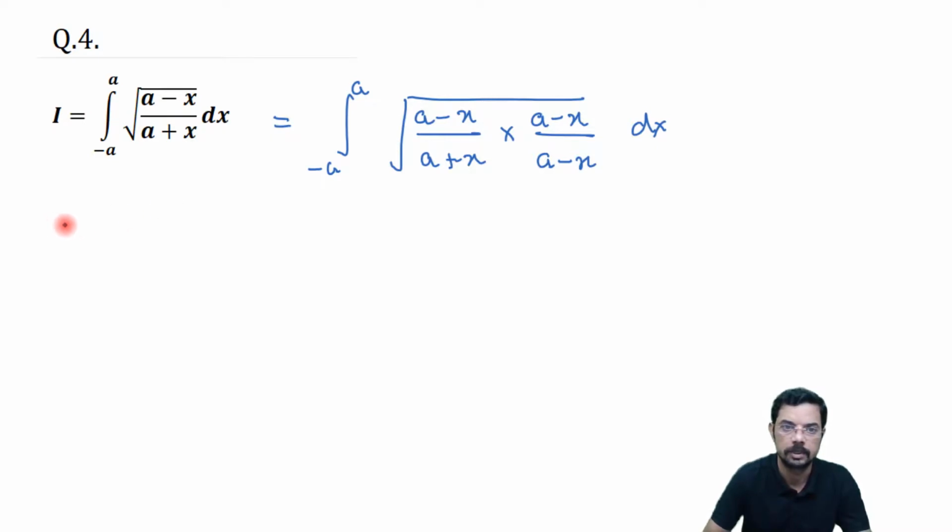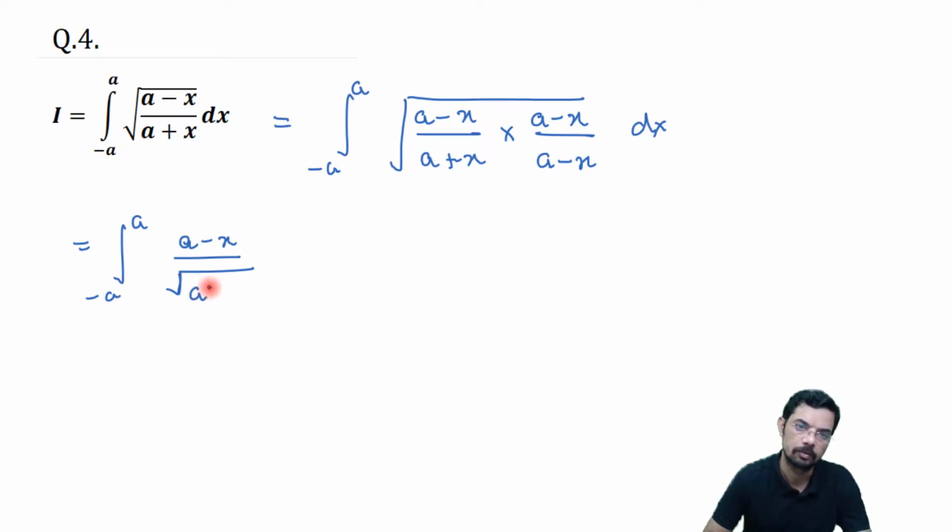This further becomes equal to integral of minus a to a. See, a minus x the whole square, and root will be a minus x, divided by root of a square minus x square, which becomes a square minus x square, into dx.